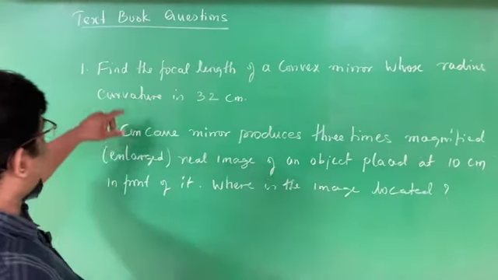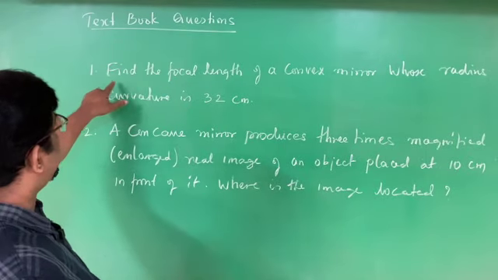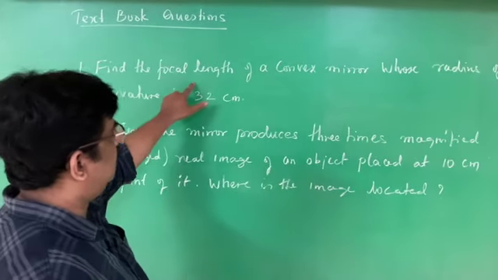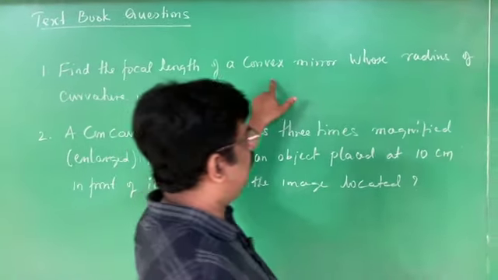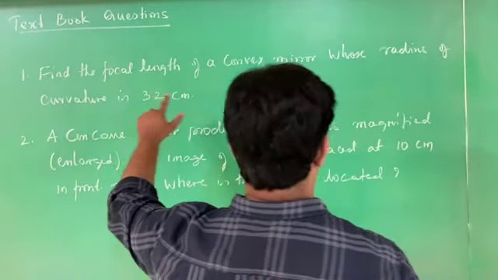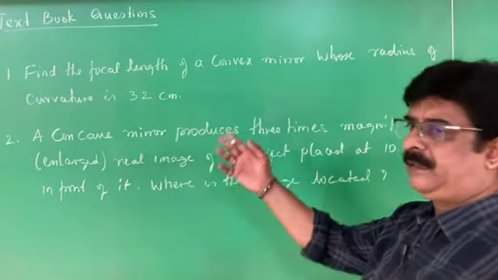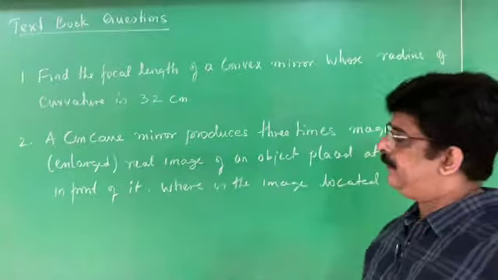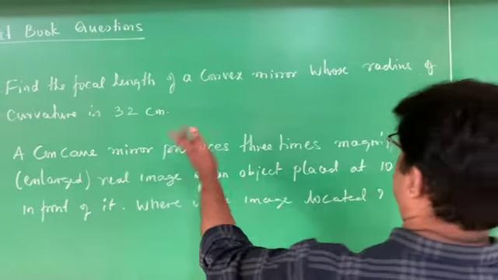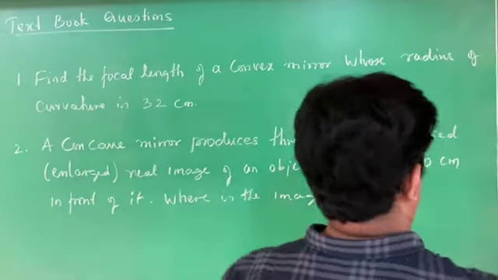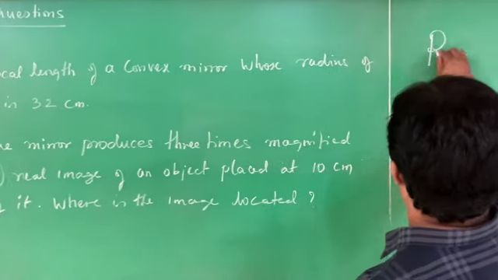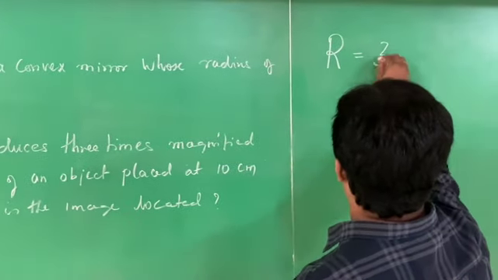The second set of questions, the second unit, is: find the focal length of a convex mirror whose radius of curvature is 32 centimeters. Just now I finished this type of question. What is given in this problem is the radius of curvature, given as 32 centimeters.